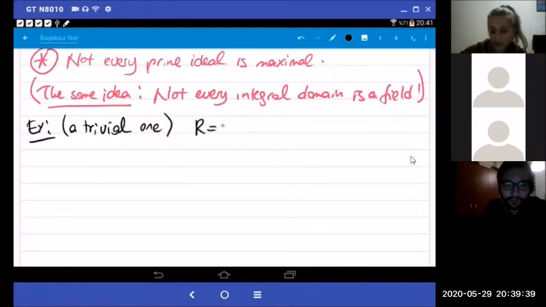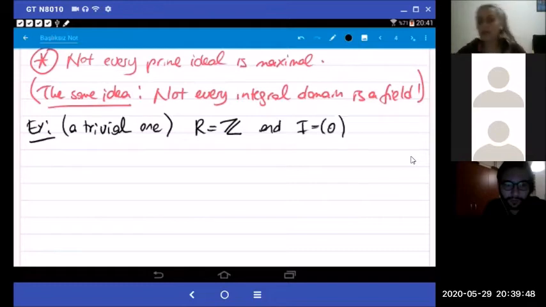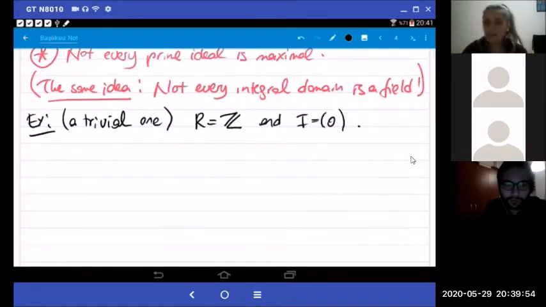Consider, let us take our ring as Z and consider the zero ideal, the ideal generated by zero, okay? This is a prime ideal, but not maximal, okay? Why is this a prime ideal? Question. Why?